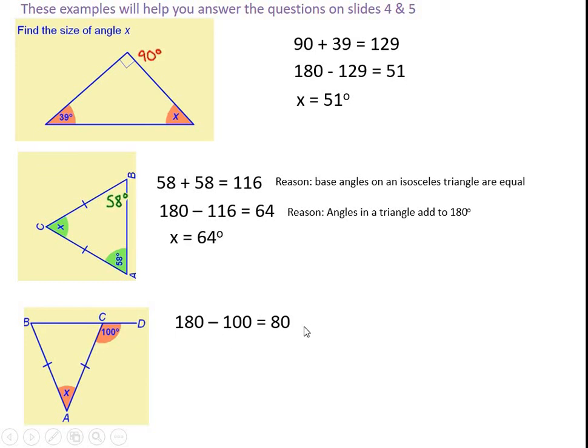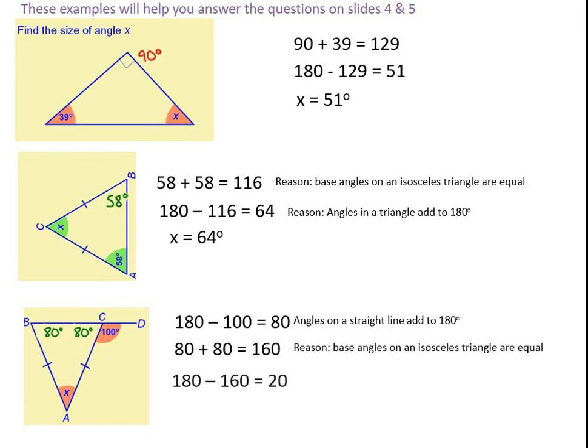The reason for this is because angles on a straight line add to 180. So the base angles are both 80 degrees, which I can add together to make 160 degrees. And then I subtract that from 180, and I know that x is 20 degrees.